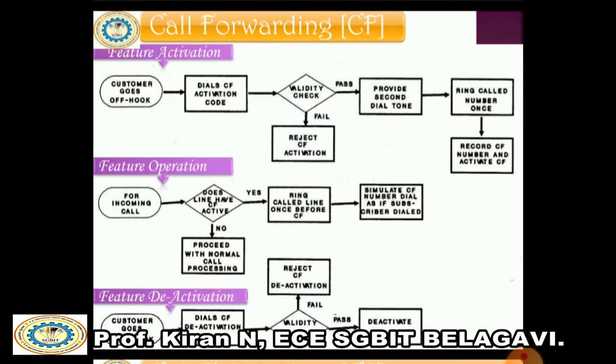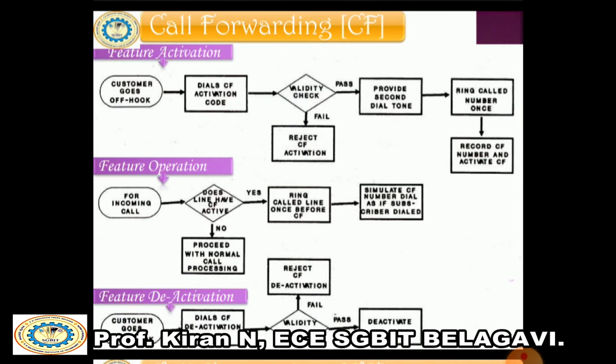This activation code is nothing but the other number to which the call needs to be forwarded or diverted whenever the called number is out of coverage area, or the mobile is switched off, or there is poor network connectivity.